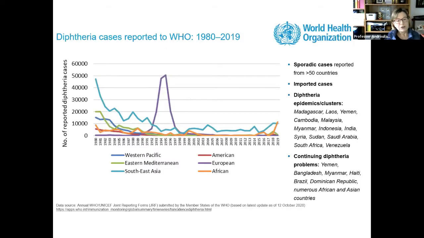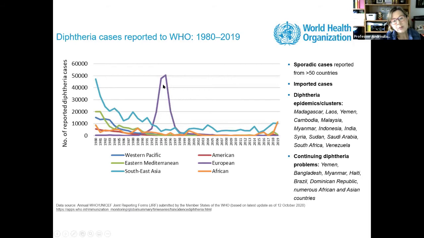I'd just like to show you some data slides from WHO. This shows the number of cases reported to WHO between 1980 and 2019. This covers approximately a 40-year period. And if we look at, in particular, this purple line, this is the European region.